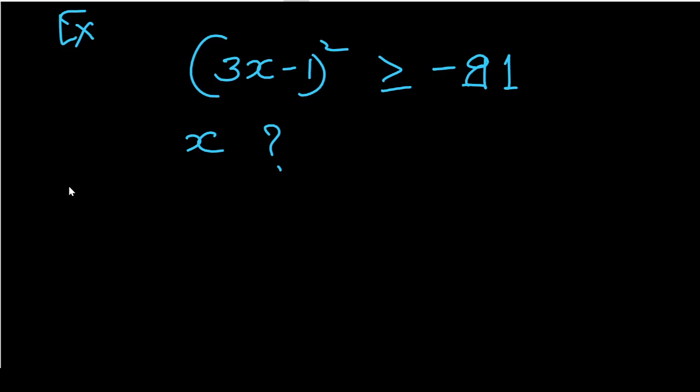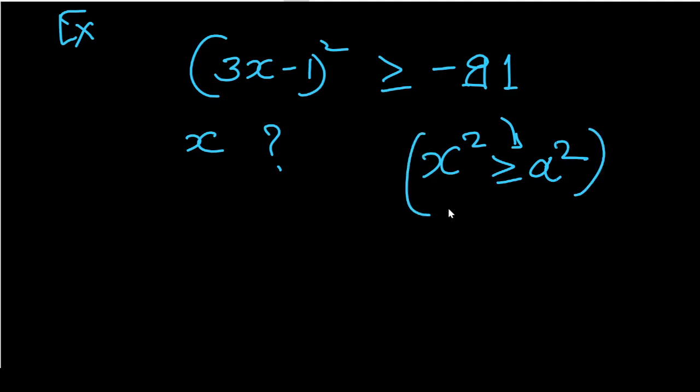So my question to you is, can we use that result that we derived, that was x square greater than or equal to alpha square, which is x greater than or equal to alpha, or x less than or equal to minus alpha? Can we use that?